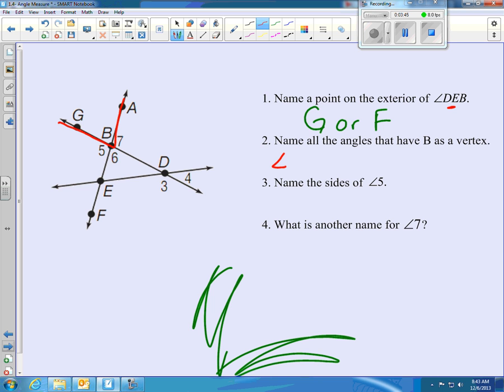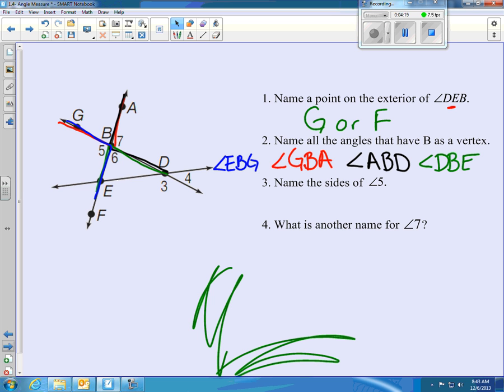So angle GBA has B as a vertex. Then we can look here and we see another one, ABD. So angle ABD. Remember, we want the vertex to be that middle letter, it needs to be B. We also could use DBE. So angle DBE. And then we have one more here, which could be EBG. So angle EBG.